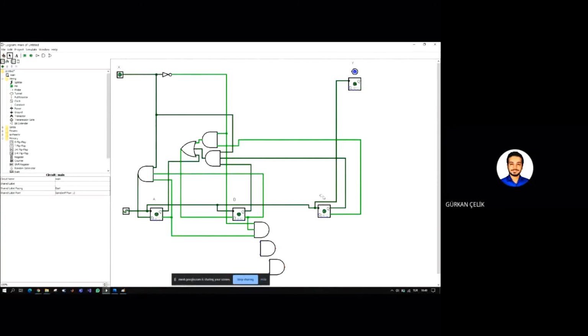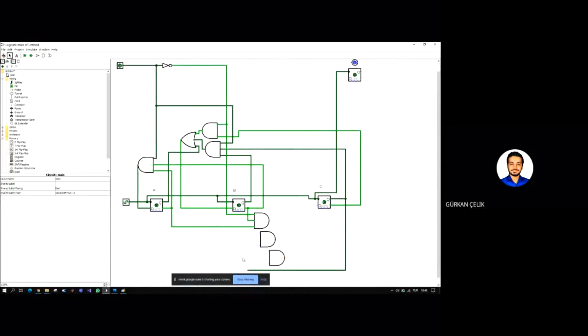So C is over here, right? Yes. C is over here, and X's complement. X complement is over here.